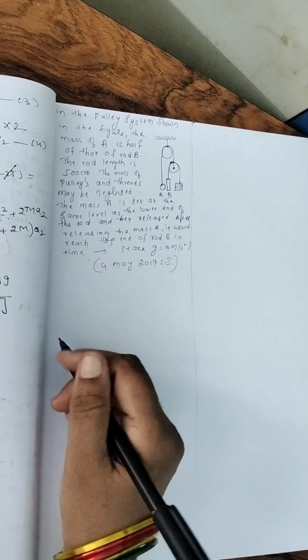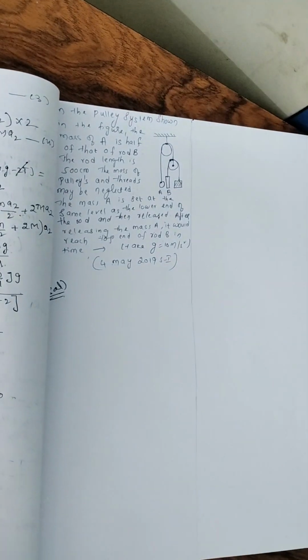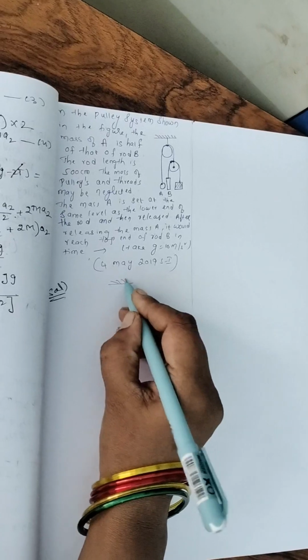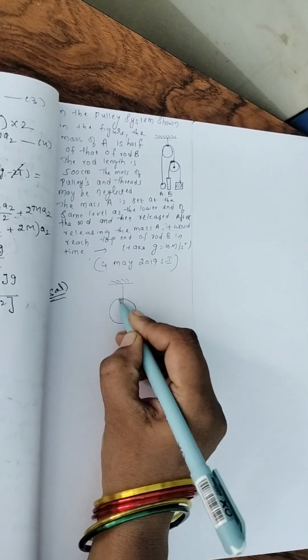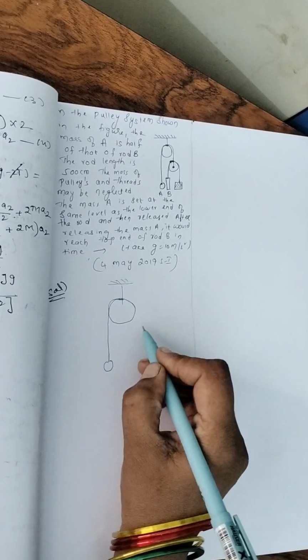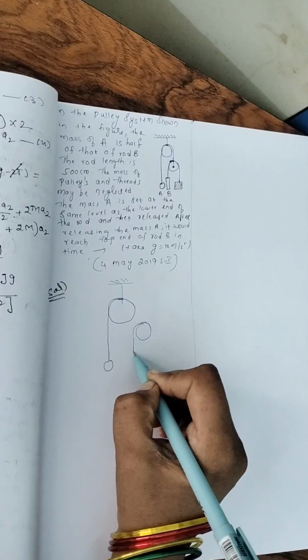Now what he said here, I am drawing. Two pulleys are there. At one end, he connected the ball. The second pulley, how did he connect it?